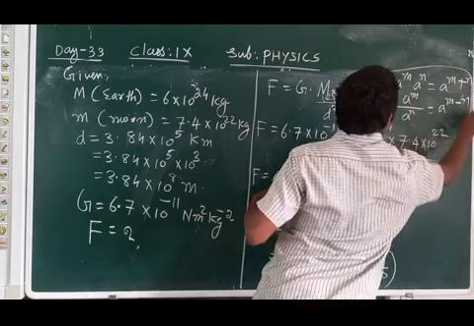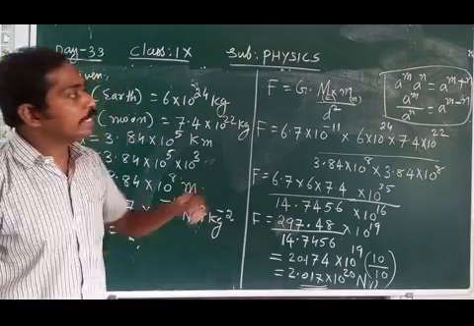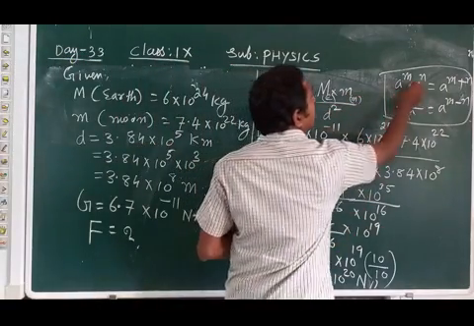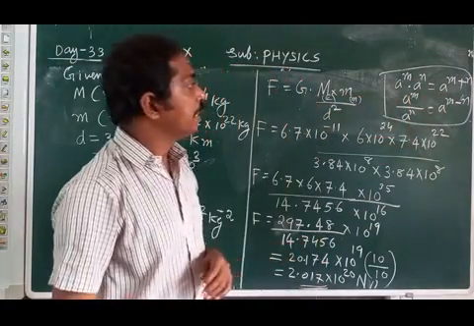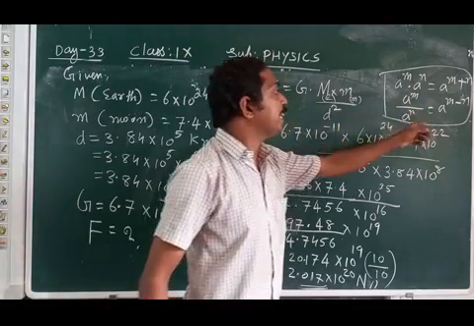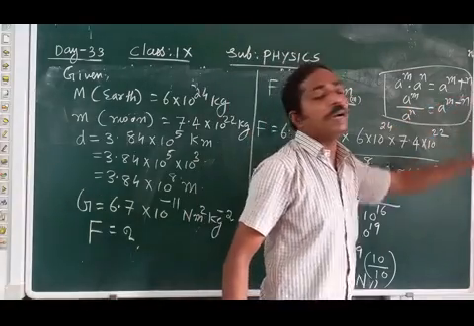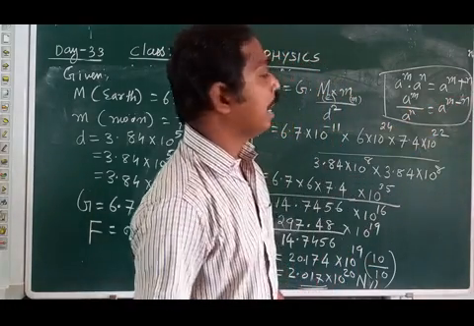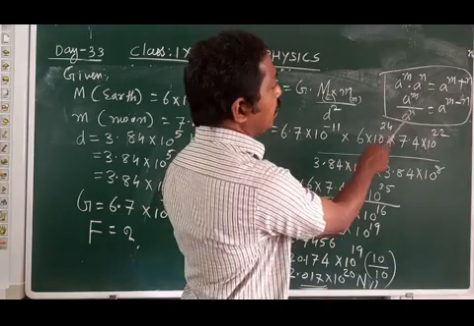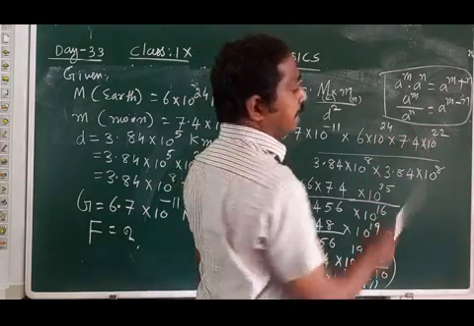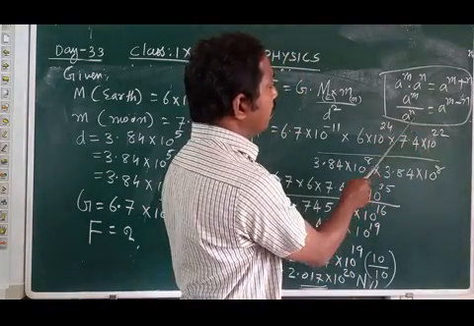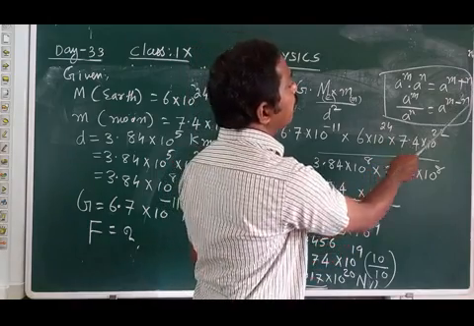These two equations you have to learn. I repeat: a raised to m into a raised to n is a raised to m plus n, and a raised to m divided by a raised to n is a raised to m minus n.